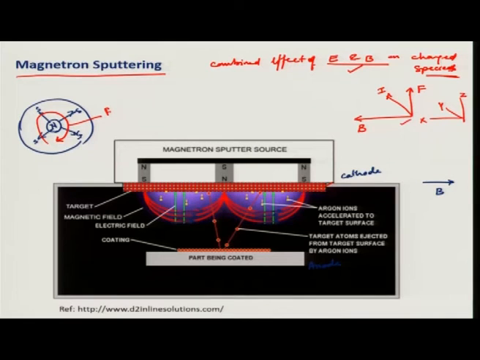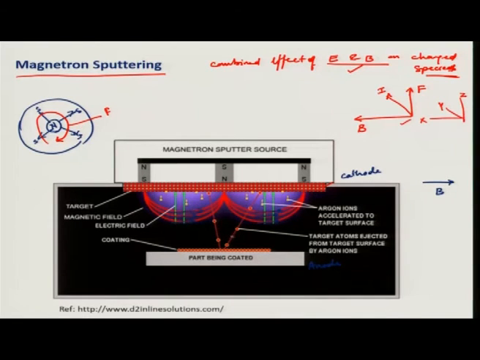What will happen? These electrons will start circular motion at the surface of my magnetron gun, and they will be confined to this region. When they are confined to this region, they are not being lost. And the same electrons, when they are making many circular paths, are ionizing gas atoms very close to the surface of your target.